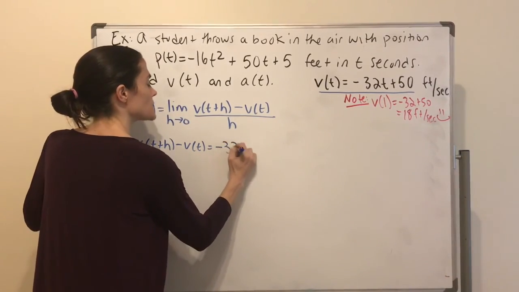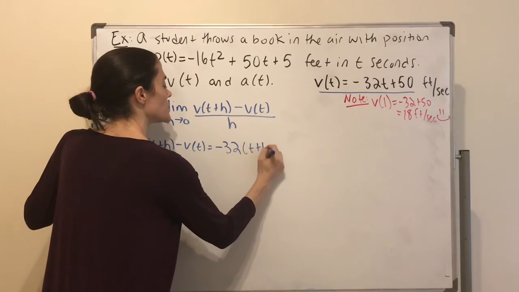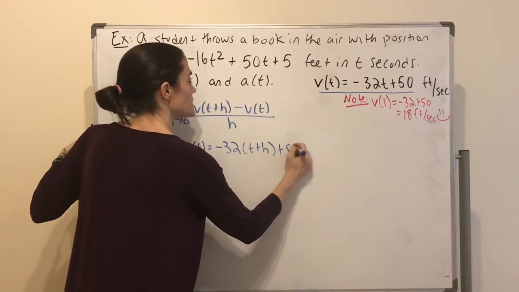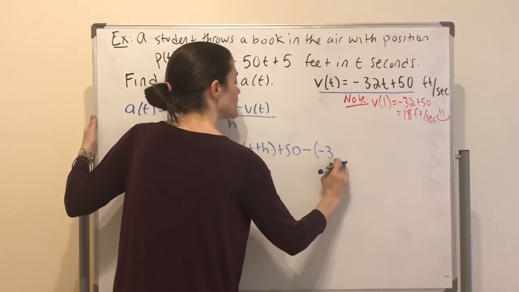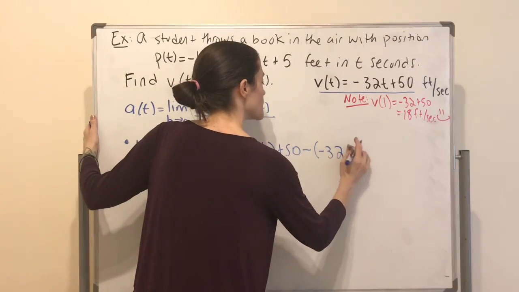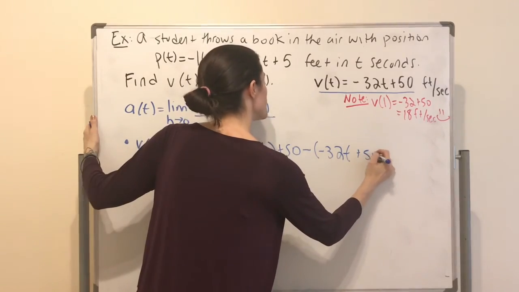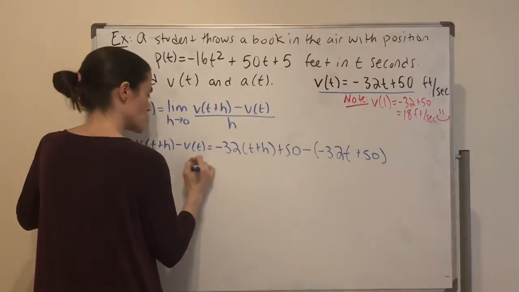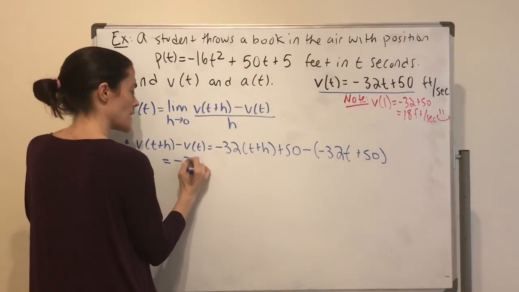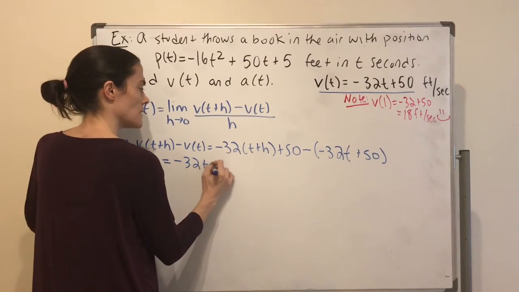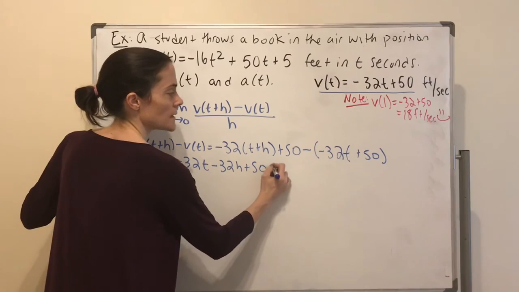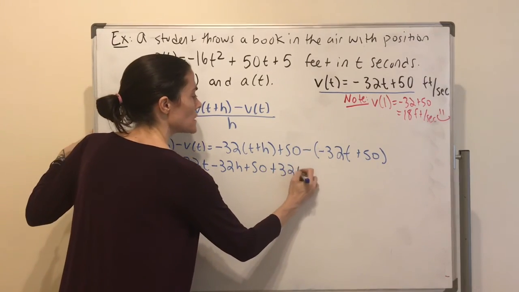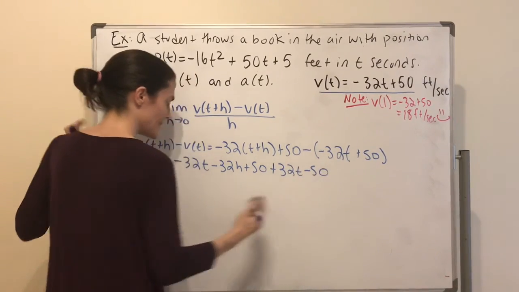This is minus 32 times t plus h plus 50 minus minus 32t plus 50. This is much shorter to simplify. Minus 32t minus 32h plus 50 plus 32t minus 50.